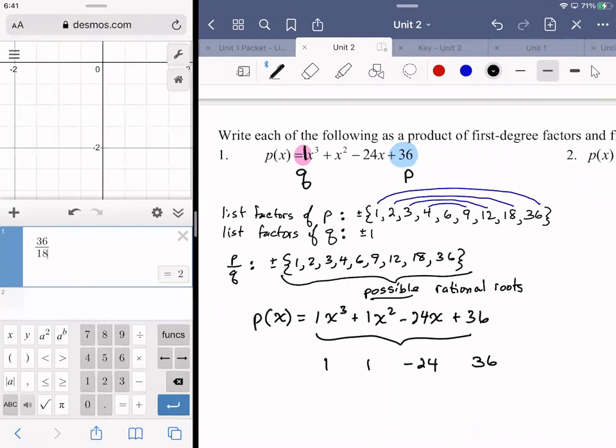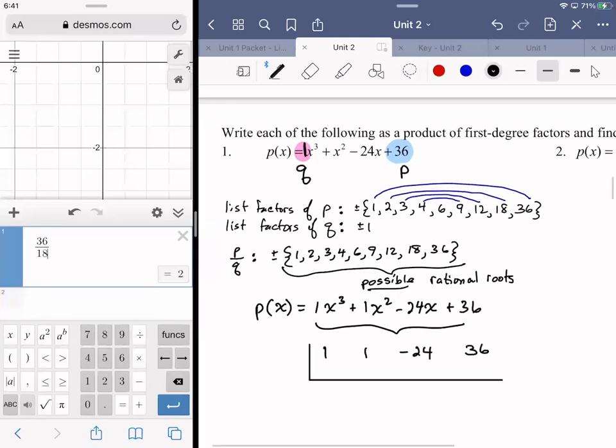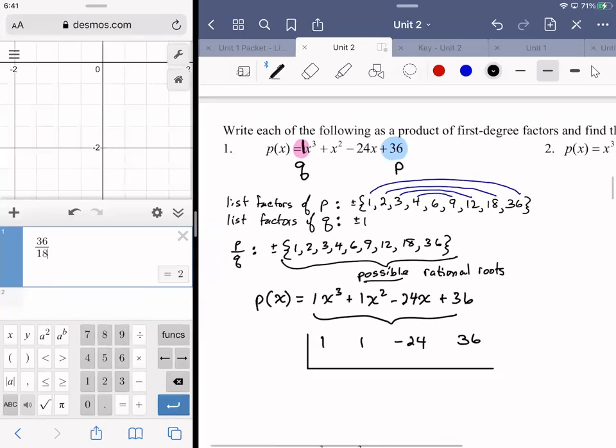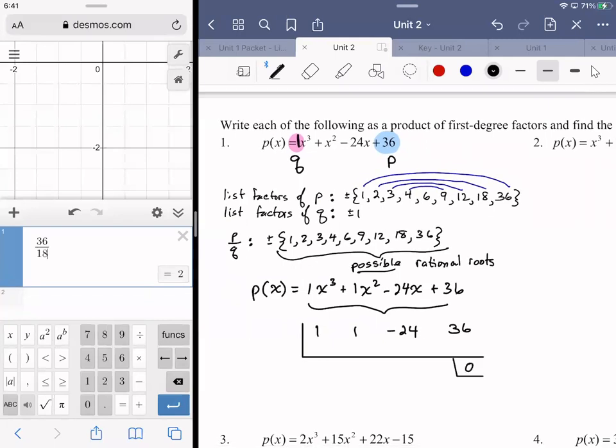And then work through your entire list using each one of these possible values, possible rational zeros, as the r value on the outside of synthetic division until you get one that works. And what I mean by one that works would be one that gives you a remainder of 0. Because what I was saying before in last class is if you get a remainder of 0, it means that what you are working with, that number, is a root of the given polynomial.